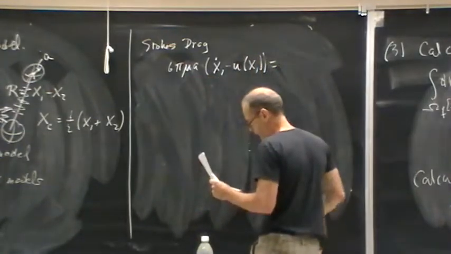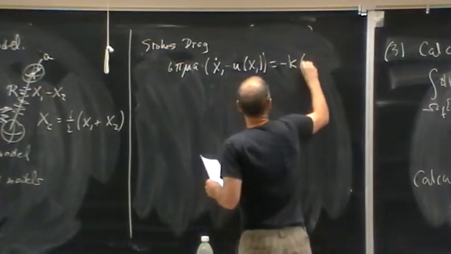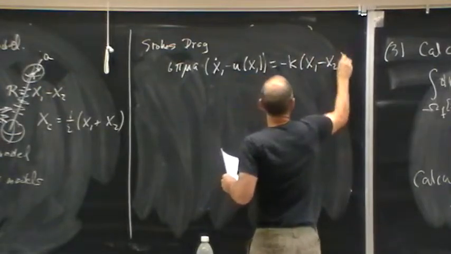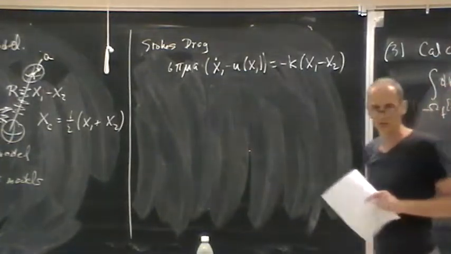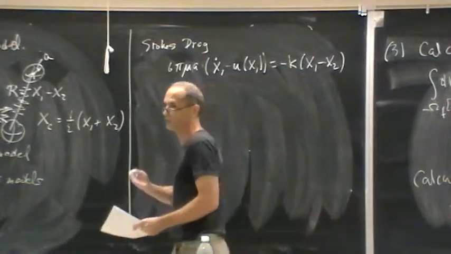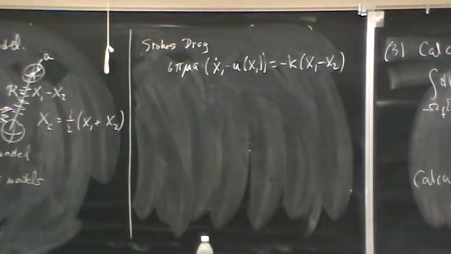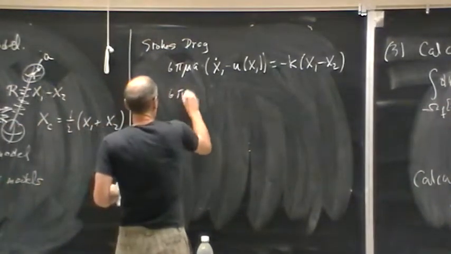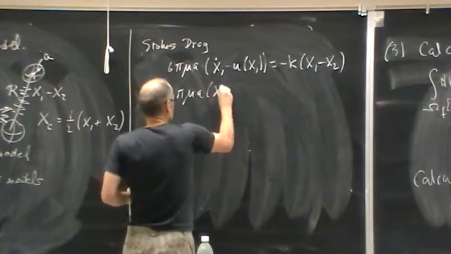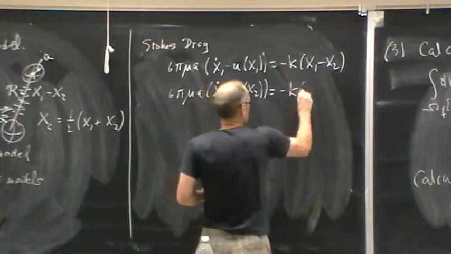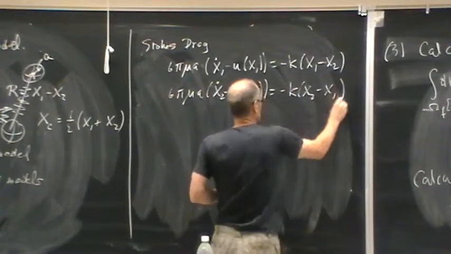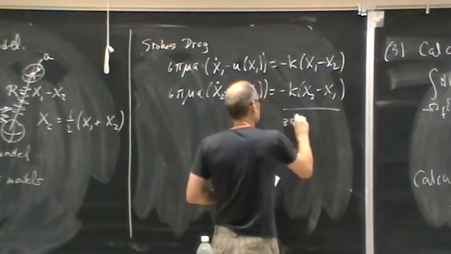That's the drag force, and it's balanced by the spring force, which is minus kr. Okay? I have an equal and opposite force acting on the other sphere. It's a force-free particle. So 6 pi mu a, x2 dot minus u of x2 is minus k (x2 minus x1). So, zero net force.